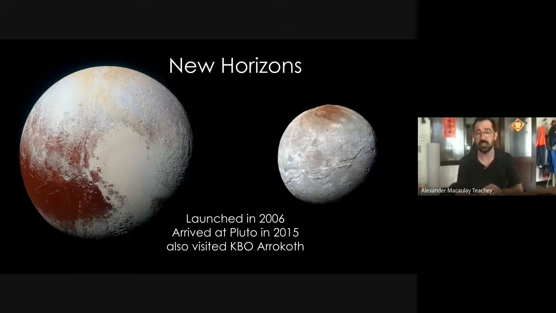And New Horizons, traveling so fast, it can't go into orbit. It just flies by. So all the images we got were taken over the course of a couple of days as it flew by Pluto and this Pluto system.